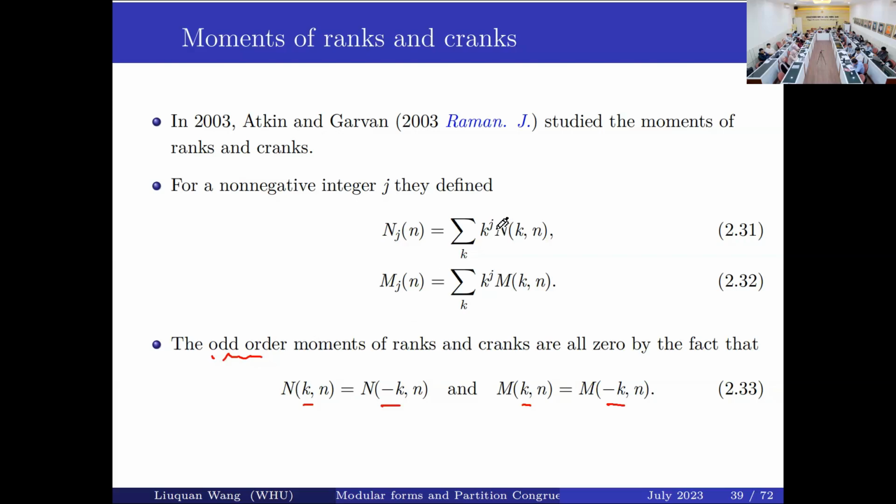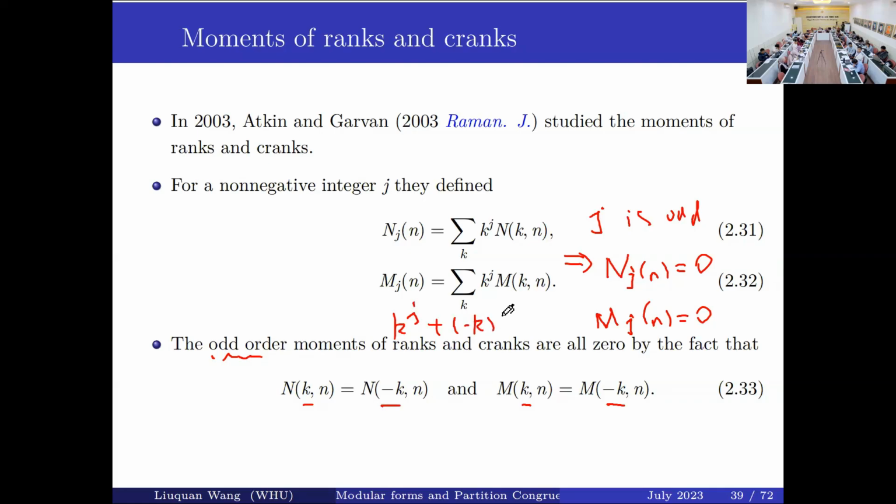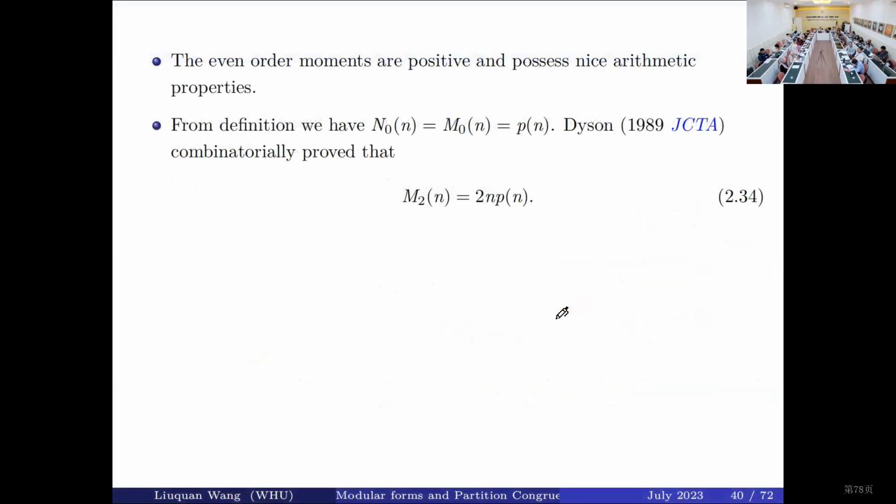When j is odd, you can easily prove that N_j(n) equals 0 and M_j(n) also equals 0. You just use this fact and group the terms, because k to the j plus negative k to the j equals 0. So these two facts hold, and hence we only need to consider the even order moments.